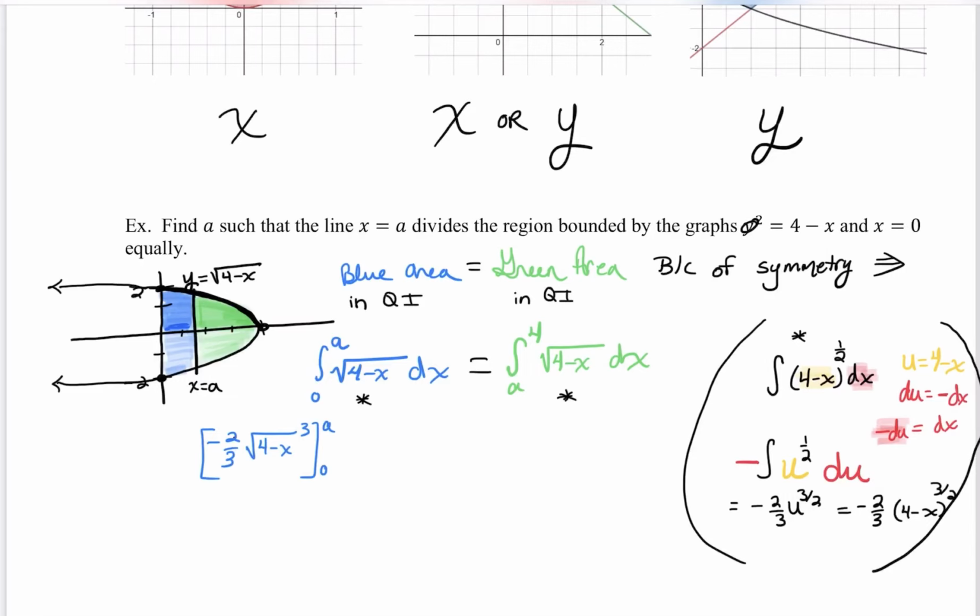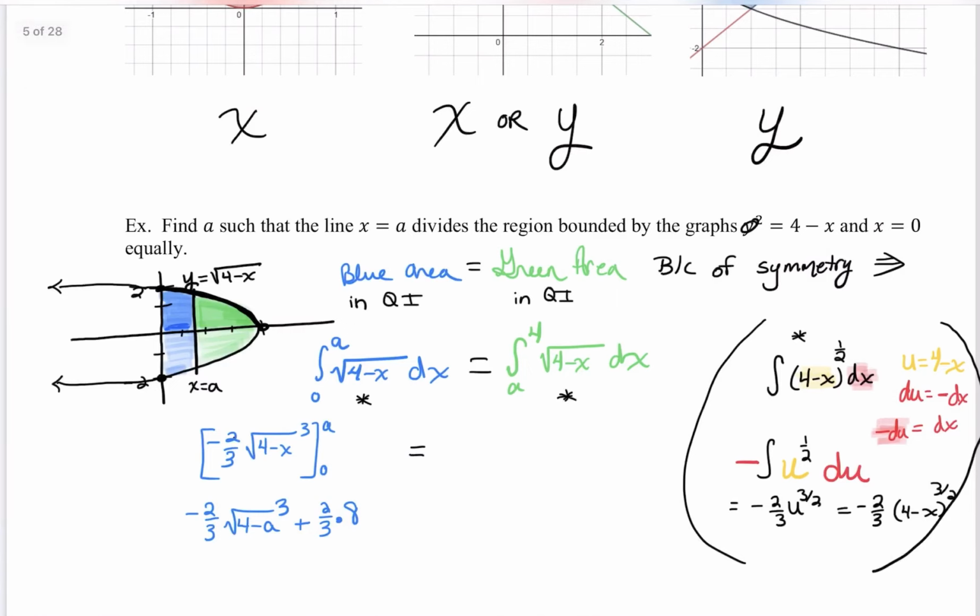And so subbing in the a, we're going to have negative 2/3 times the square root of 4 minus a, I meant to say, 4 minus a cubed, and then minus the negative, so plus 2/3. And then here we're subbing in 0. The square root of 4 is 2, and 2 cubed is going to be 8. So that's the main reason I did that, it made it a little easier to think about that arithmetic.